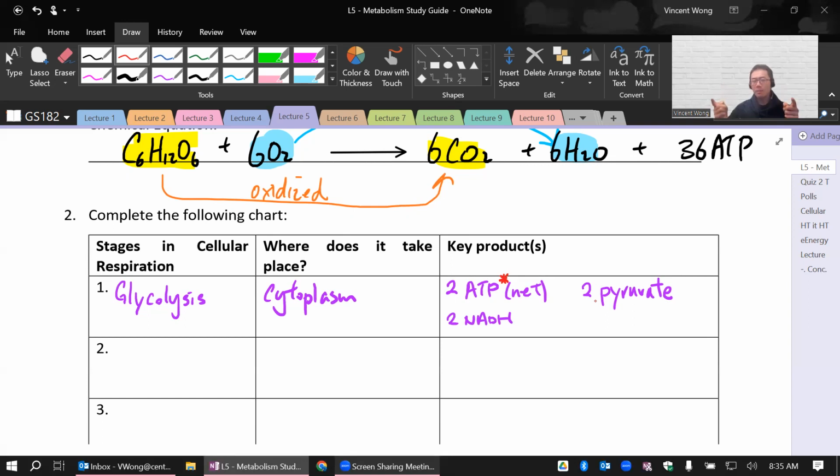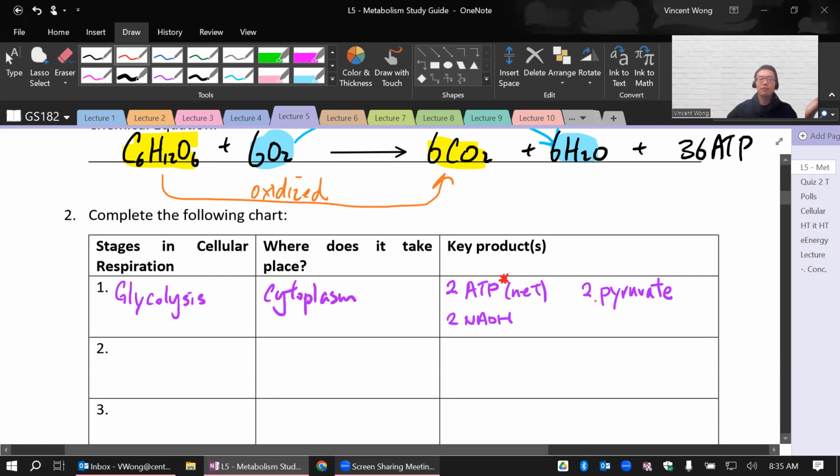Is that the common method of making ATP, or is that the less common method? Less common. That's right. Only about 11% of ATPs are produced this way. These two ATP that we get from glycolysis, that is from SLP.